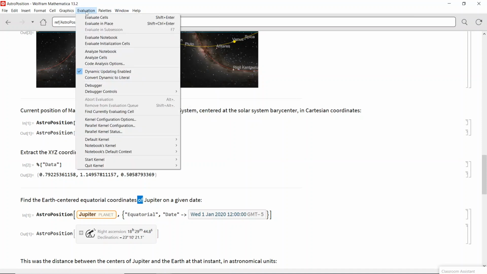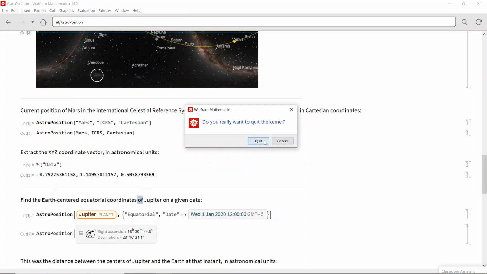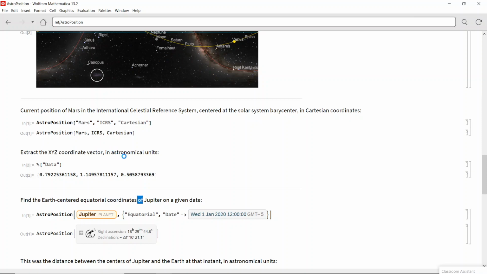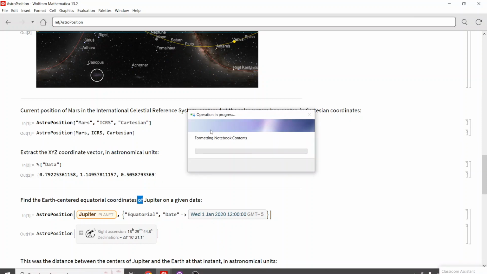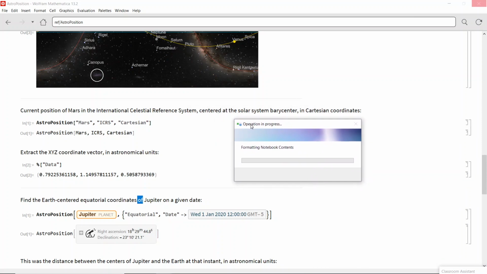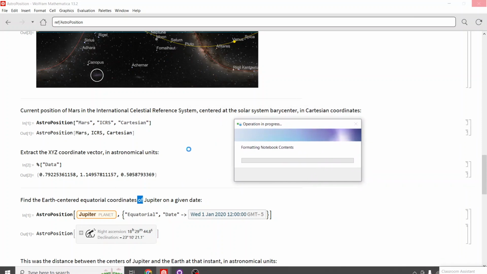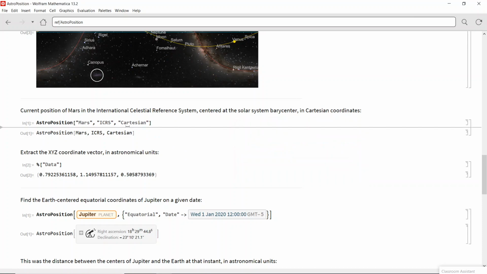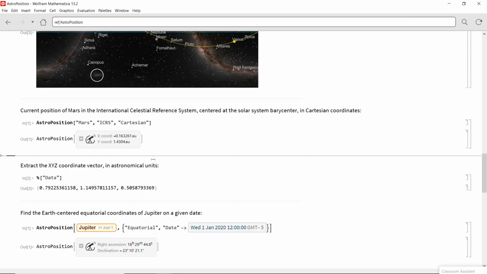Okay, let me do Evaluation, Quit. This might fix it. Otherwise, I'll have to reboot Mathematica. Or it could be a bug with the documentation. There we go. Okay, AstroPosition[Mars, ICRS, Cartesian].